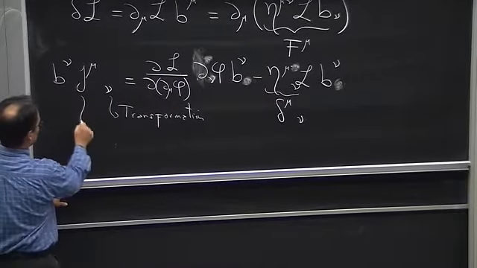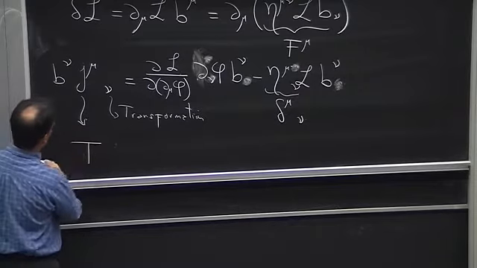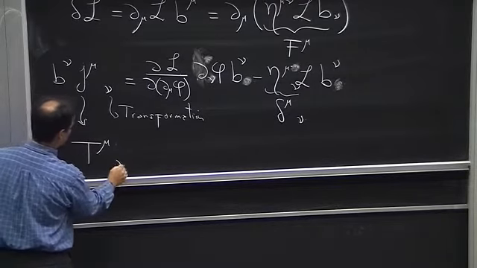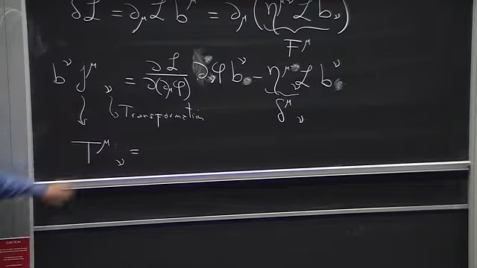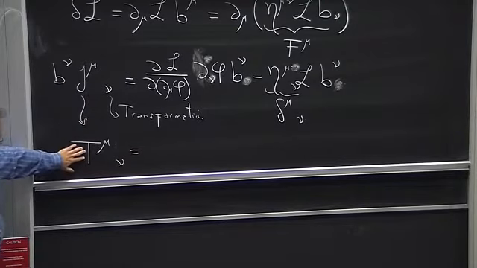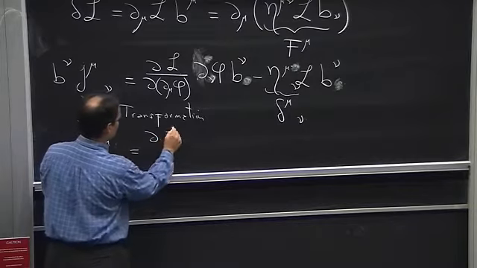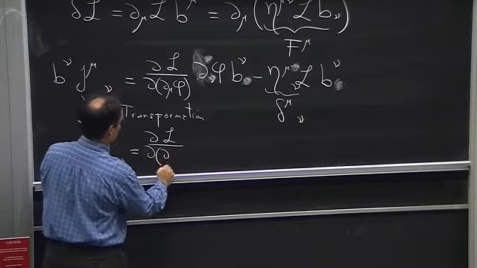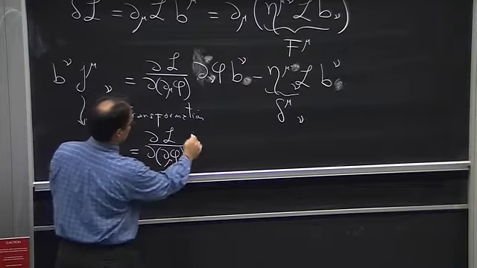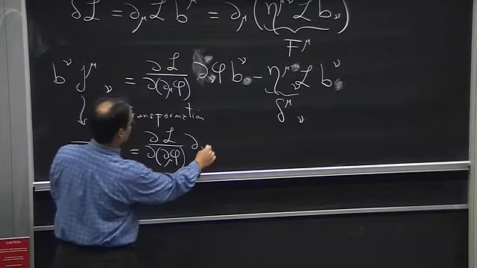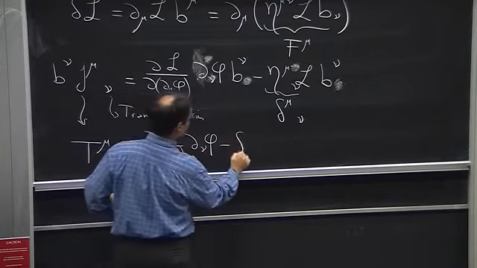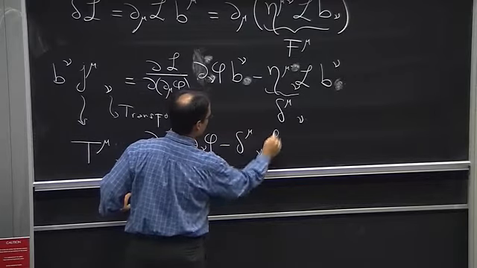And actually, this current is so important that it has its own symbol. So this current, its symbol is called T, and it's the derivative with respect to this of nu phi minus delta mu nu.